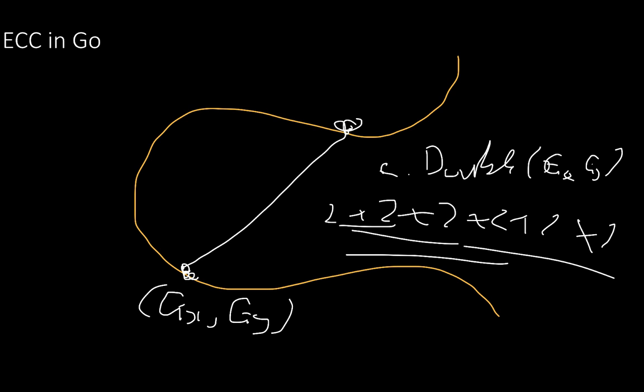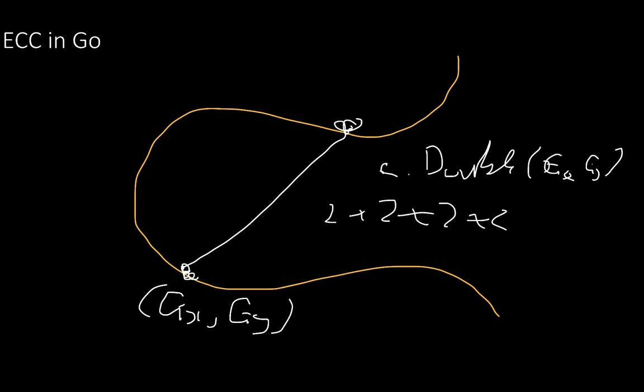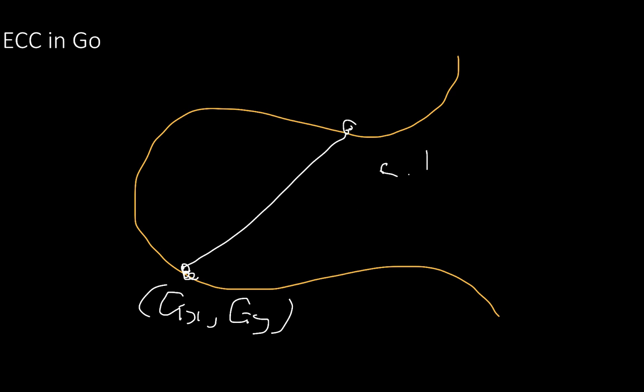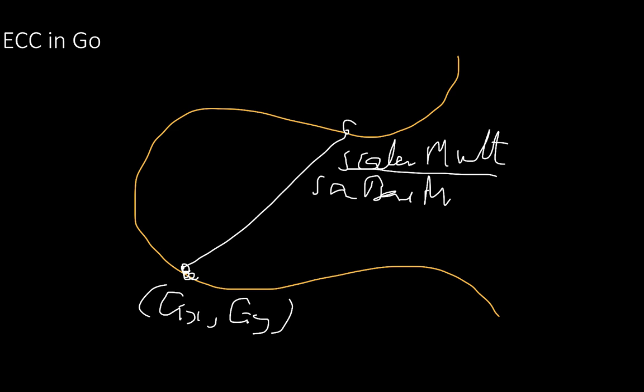Okay, so I'll just recap what we've just shown there. So the core methods that we have are the scalar multiply, we have the scalar base multiply, we have the add, and we have double.